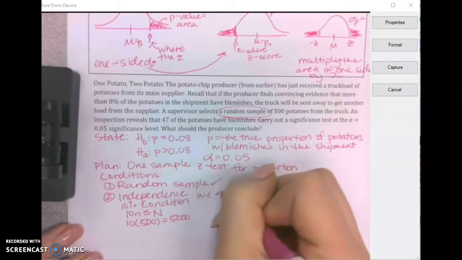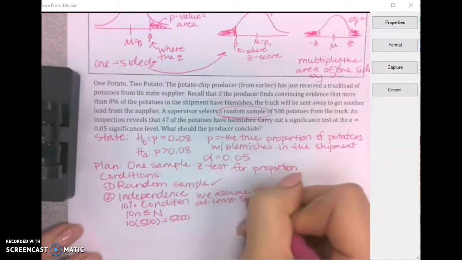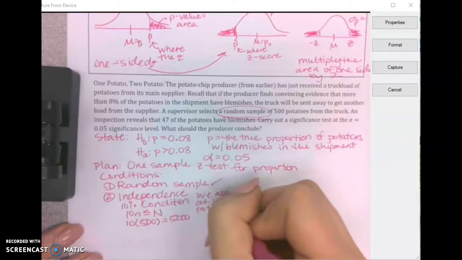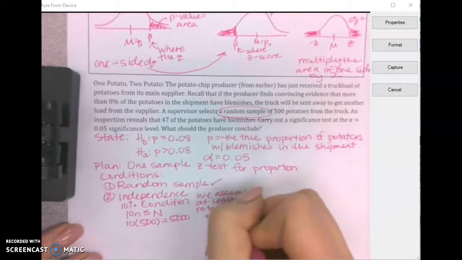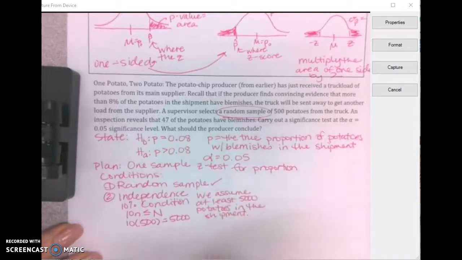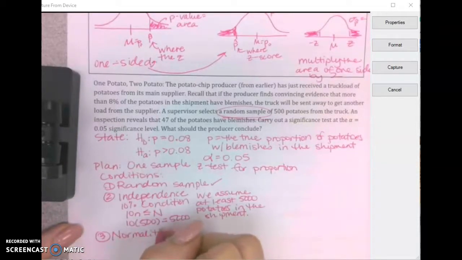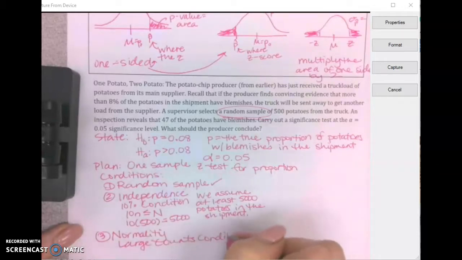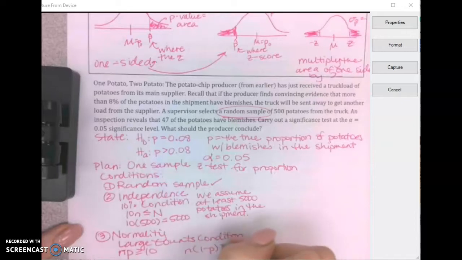So we assume at least 5,000 potatoes in the shipment. And our last condition is normality. So we have our large counts condition. So you have n times p greater than or equal to 10, and n times 1 minus p greater than or equal to 10.